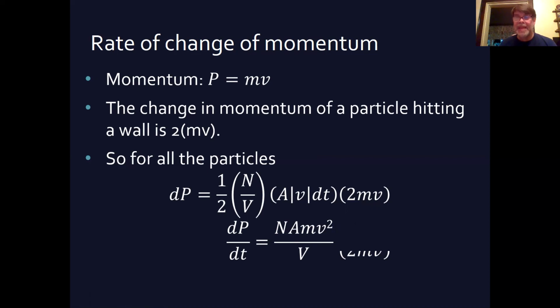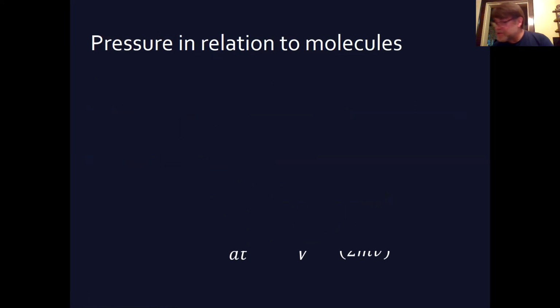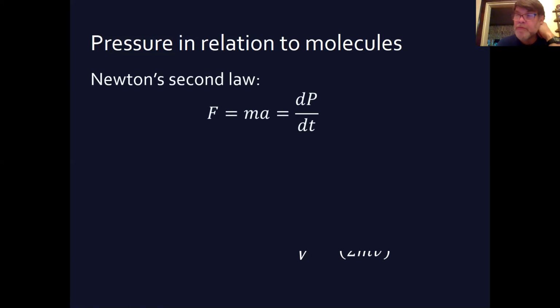Okay, yay! Now, this is the last part of this video, and I haven't even covered one page of Young and Freedman. So what's the pressure in relation to these molecules we're talking about? Well, Newton's second law is F equals ma, but the way he actually formulated it was that the force equals the change in momentum per time. So we just did a dp/dt, remember?